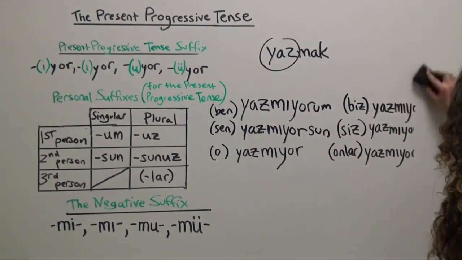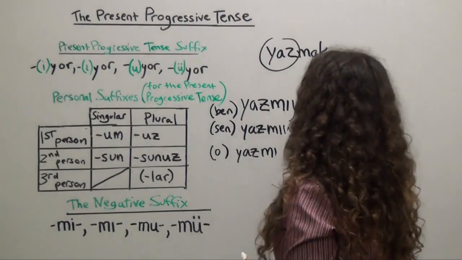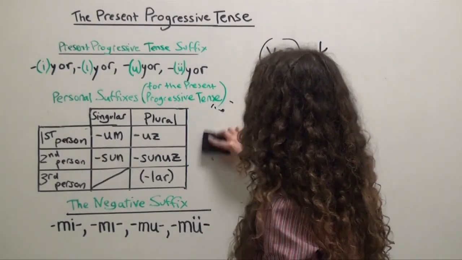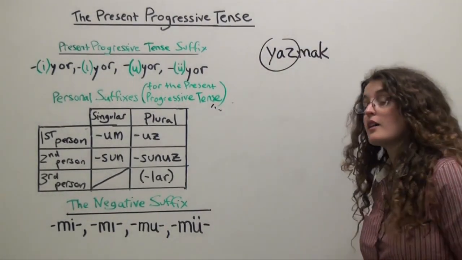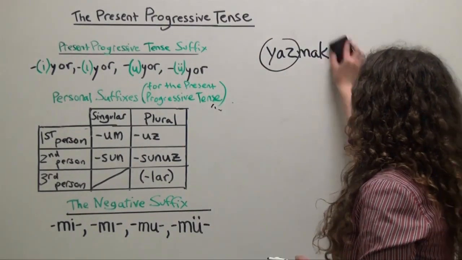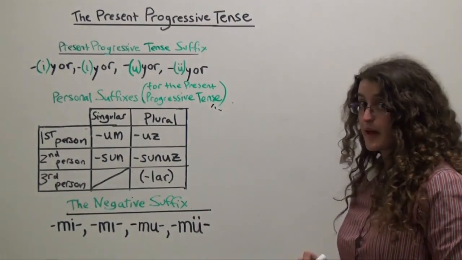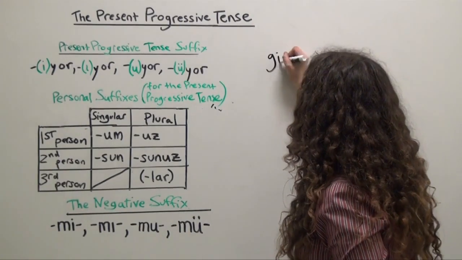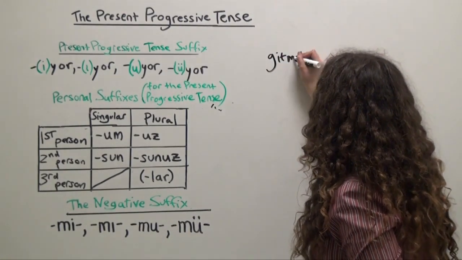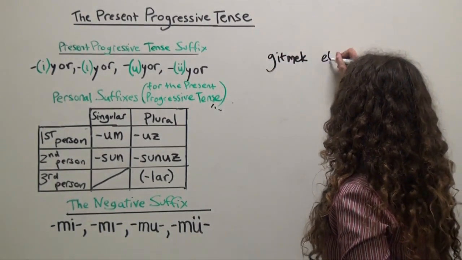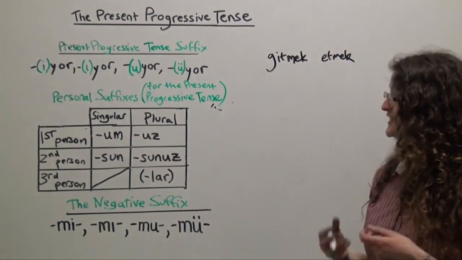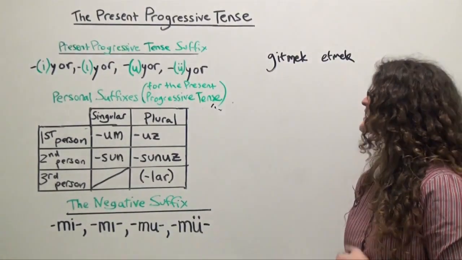Now, in the affirmative of the present progressive, we saw that gitmek, to go, and etmek, to do, both underwent consonant alternation. Fortunately, in the negative of the present progressive tense, they do not.